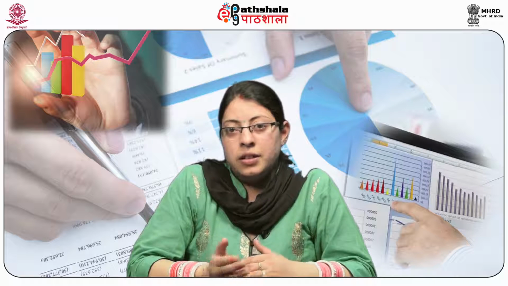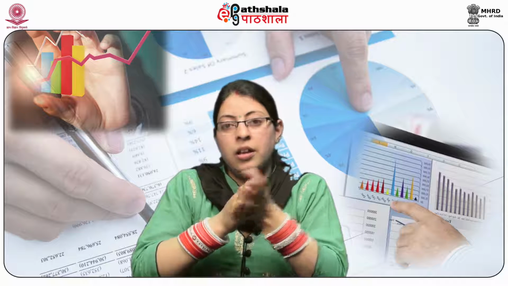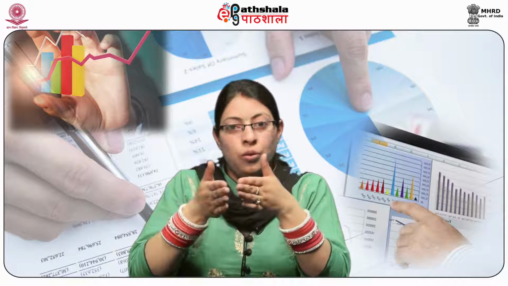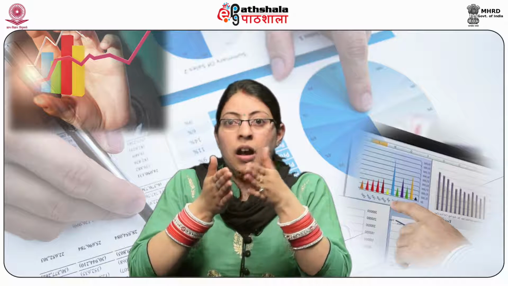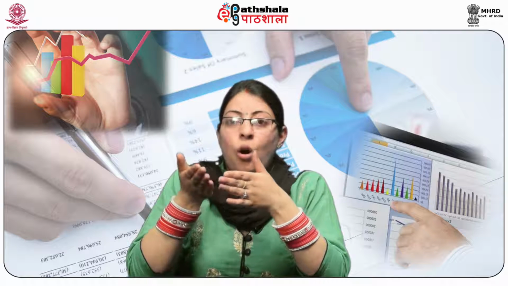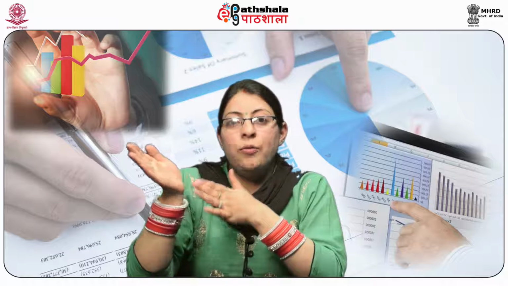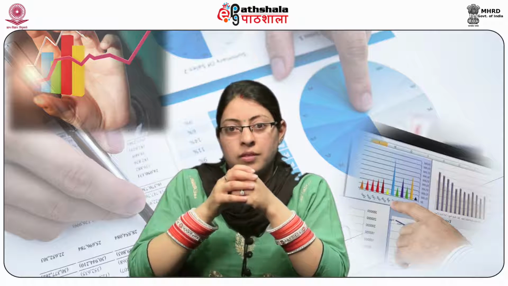This ratio indicates the extent to which shareholder funds are sunk into the fixed assets. If this ratio is less than 100%, it implies that owner's funds are more than total fixed assets.